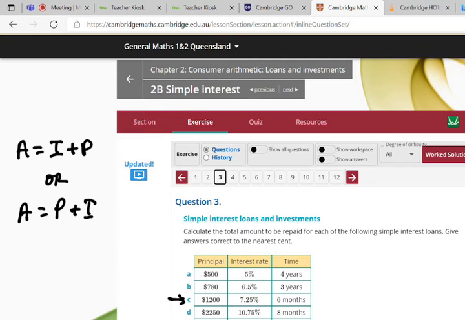So I need to first find the interest. So the amount of interest is found using the formula what? PRT. Also, guys, remember you could also write it as P I N, and often it's written as PIN in formula sheets because they've already converted it. Okay, so PRT, good job, thank you.